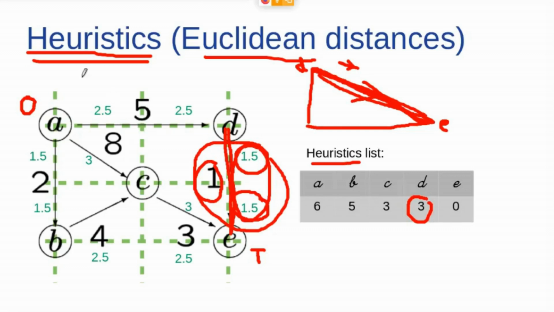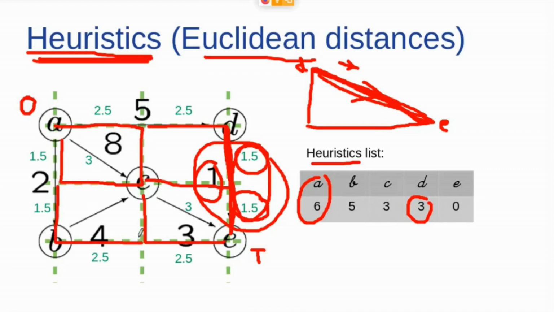But well, the main idea about the heuristics is this. Heuristics is like an estimation of how much it costs to go from the actual node to the target node. As you can see here, from A to E, the heuristics of A is 6. Why 6? Because as you can see, I have these rectangles. Can you see? This rectangle here, this one here, this one here, and here, right? This side is 2.5 long.